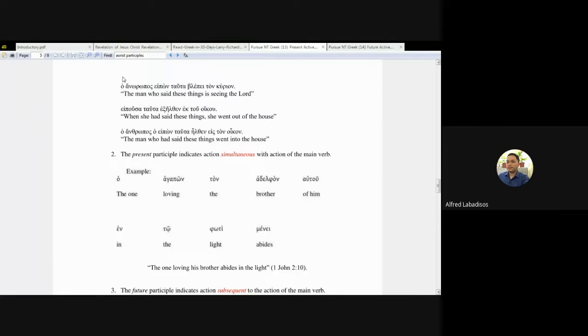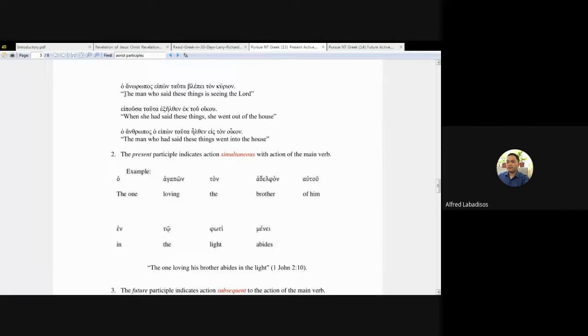For example, we have ho anthropos, the man; ho eipon, who said; tauta, these things; blepei, he sees or he is seeing. So you write he is seeing or he sees. Then we have ton kyrion, the Lord. That's the literal translation, word for word.